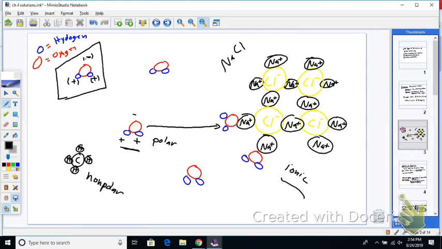So it'll come off, pulls away that sodium out of that substance. And you get what would be pulling away the Na+. So it pulls it away.